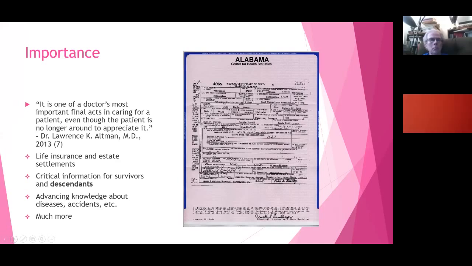And they're used for so many different things, the settling of life insurance and estate settlements, important information for survivors and genealogists, advancing knowledge about diseases, accidents, and other matters of public health, and even things that are more banal, like canceling a Netflix subscription for someone who's passed away.